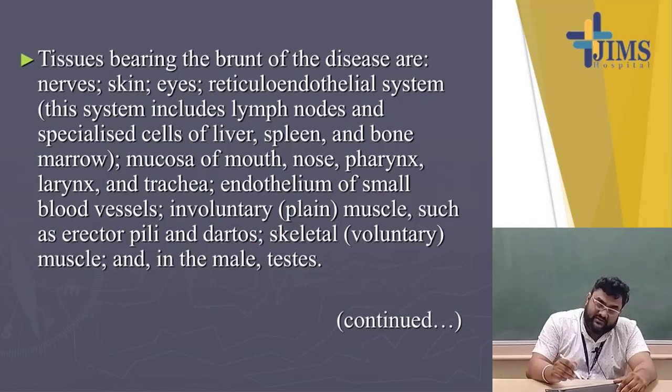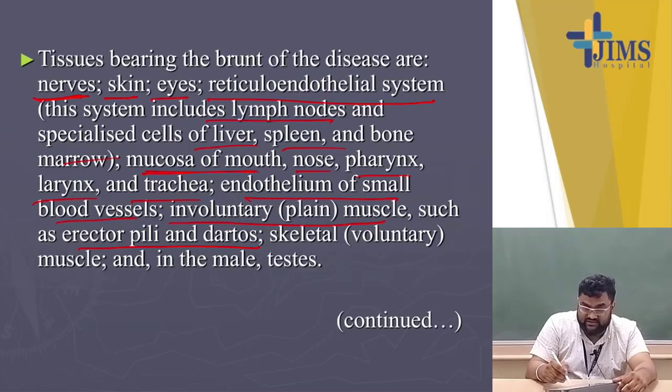The tissues which bear the brunt of the disease are the nerves, skin, eyes, reticuloendothelial system including the lymph nodes, liver, spleen, bone marrow, mucosa of the mouth, nose, pharynx, larynx, trachea, endothelium of the small blood vessels, involuntary muscles such as erector pili muscles and the dartos muscles, the voluntary muscles of the skeletal muscles, and in the male, testes.